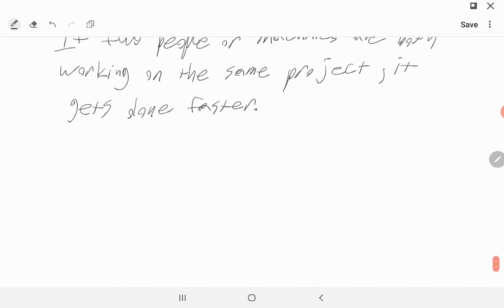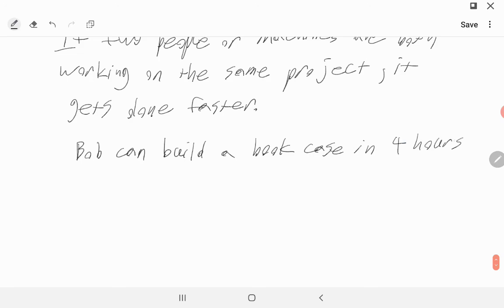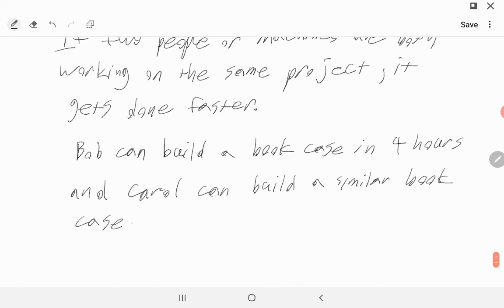So one of the classics is if we have Bob can build a bookcase in 4 hours, and Carol can build a similar bookcase in 3 hours.